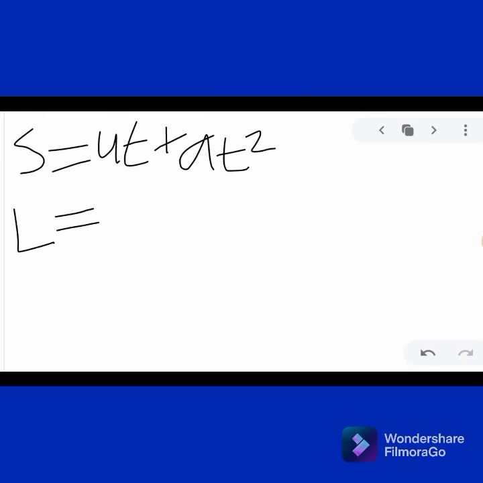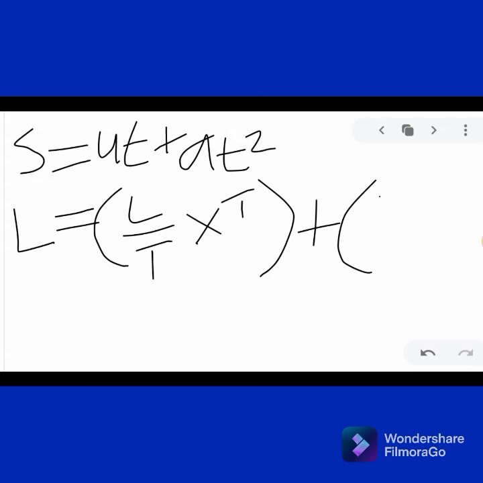UT is going to be, and then write in a fraction so that we can just do it quicker, LT minus 1, that is L over T for the velocity, times time, that is this T, plus the acceleration is length over time squared, times another time, but this time is squared now.